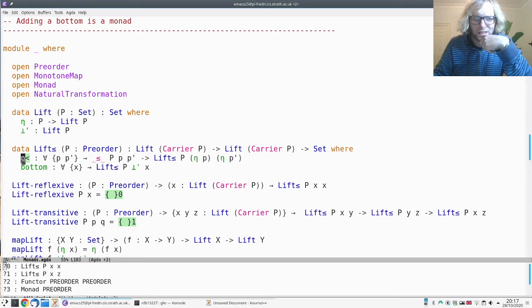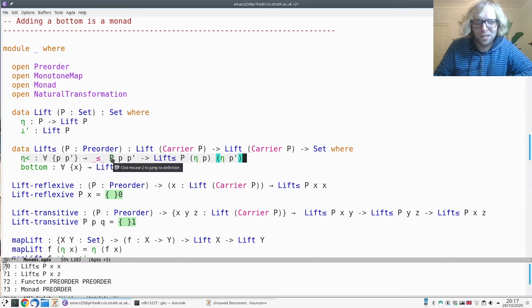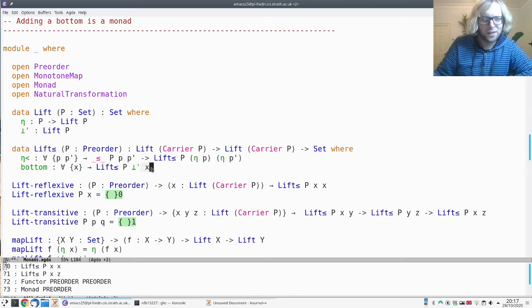So I'm saying that if P was smaller than P prime in the original preorder, then eta of P is smaller than eta of P prime. And that very conveniently tells me exactly that eta is order preserving, right? But it's also what I need in order to keep the old order on the old P, right? And then here I'm saying that for every x, the bottom element is smaller or equal to x, right?